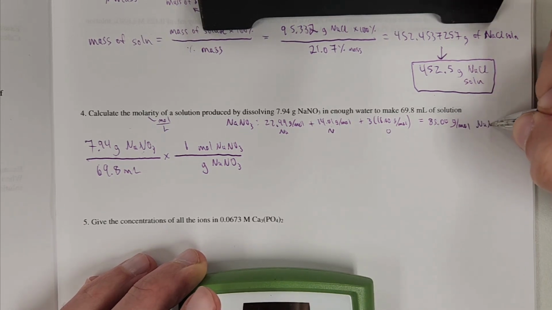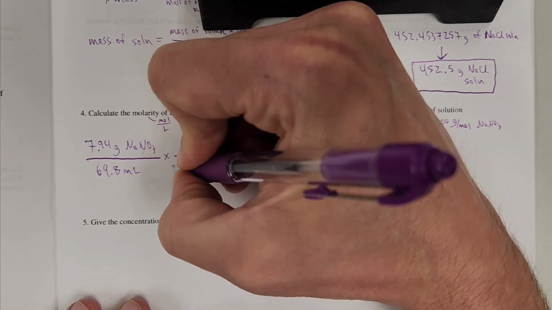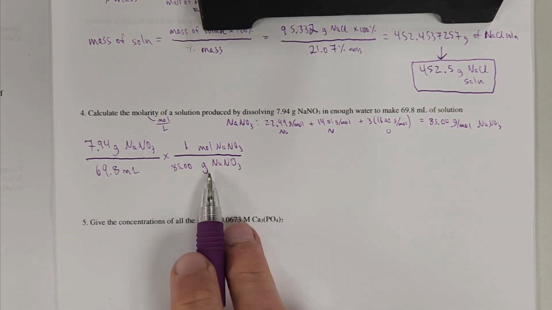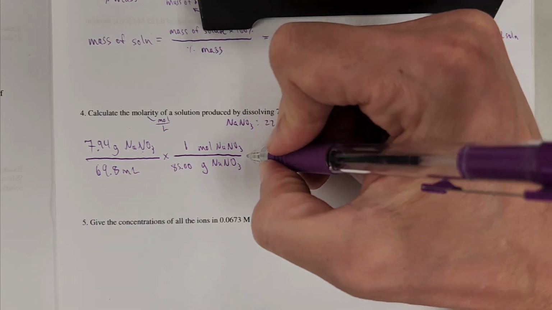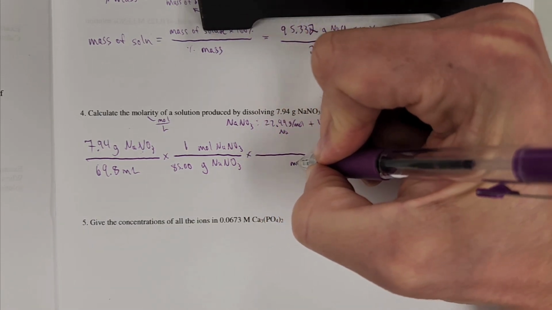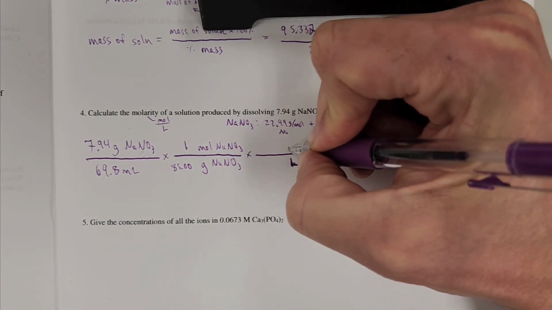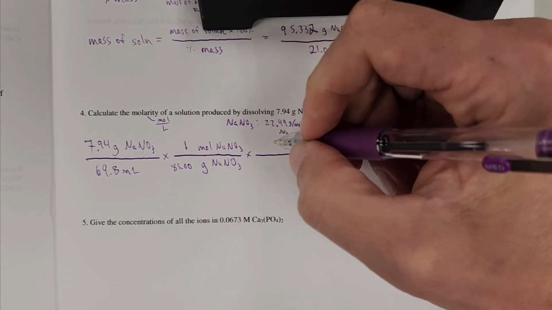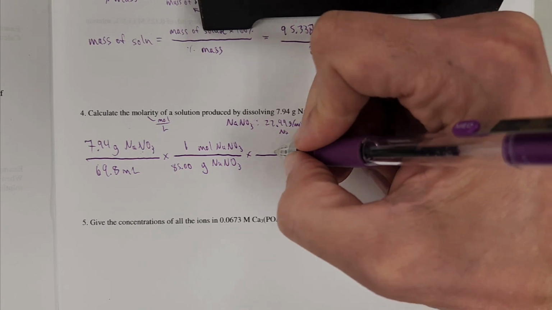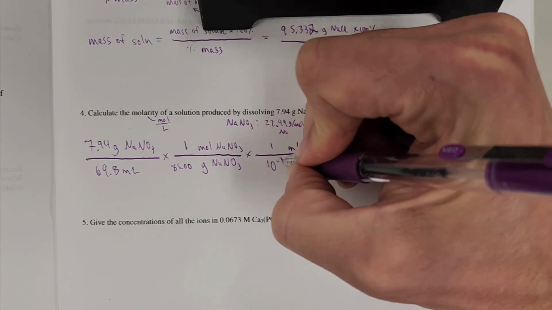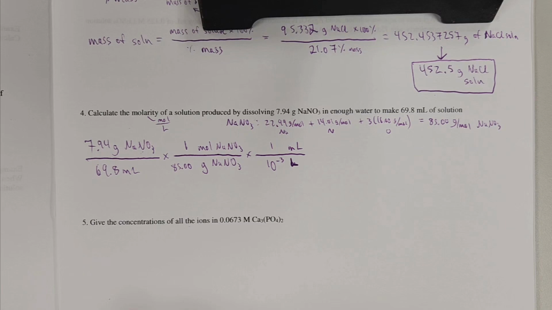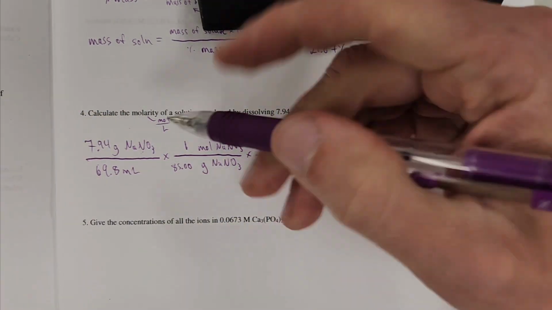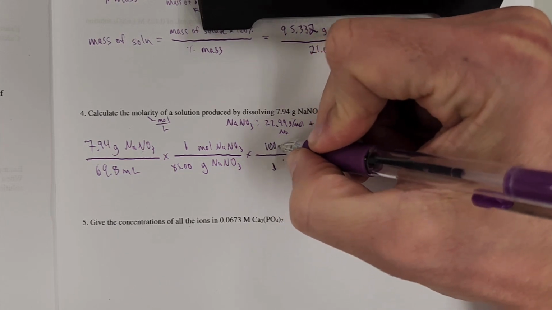Sodium nitrate. So I'm going to put 85.00 grams there. But that's going to be gram cancels gram to give moles on top. That's good. Now this needs to be liters. So I'm going to put liters down here and milliliters. Now it turns out that a milliliter is 10 to the negative third liters. Alternatively phrased, you could also say that 1 liter is 1,000 milliliters.